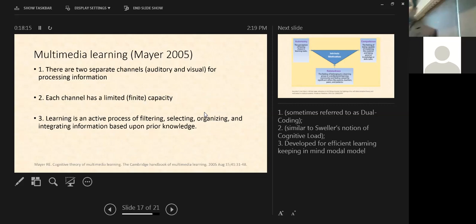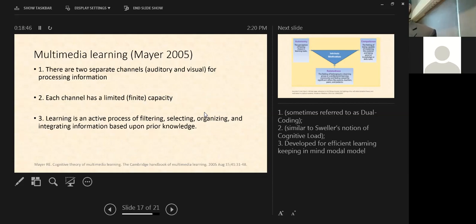The first principle is that there is a dual processing channel, an auditory and a visual channel for sensory input, and they should be used in a complementary fashion. So if you have text at the bottom, like if you're showing something, it's better to narrate it as opposed to just letting people read it, because narrating it is better.